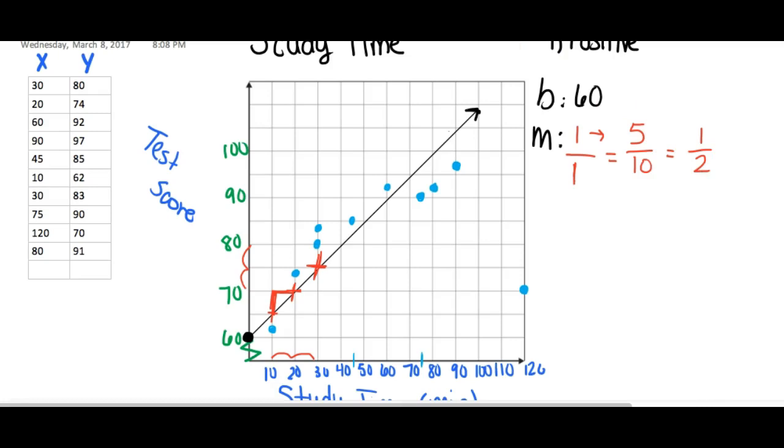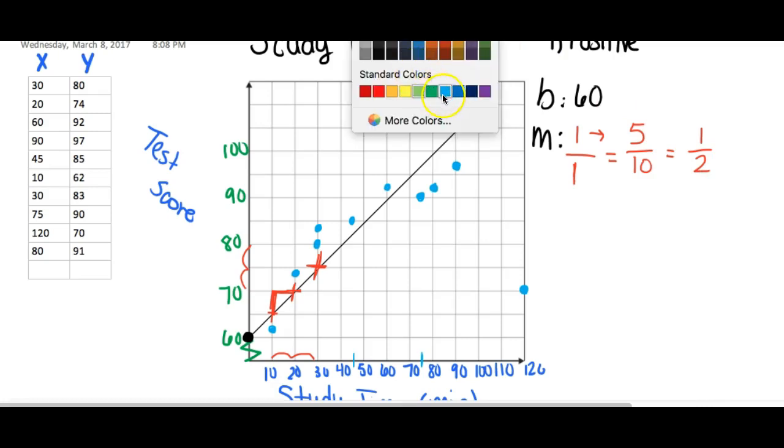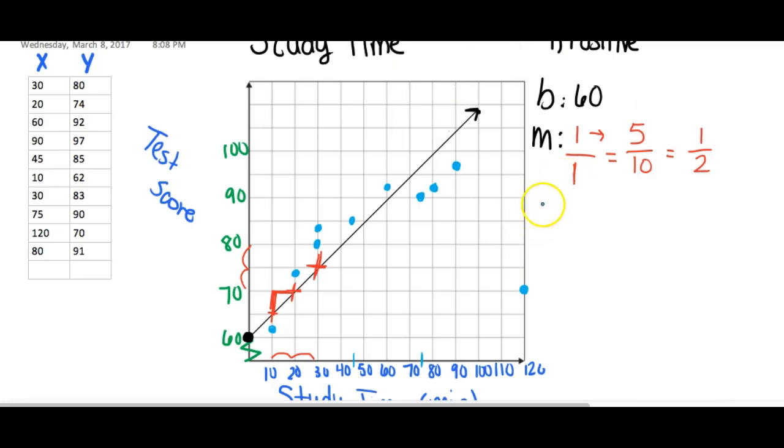Now, if you recall from previous lessons, how do we write our equation? y equals mx plus b. You guys remember that? We have everything. All we have to do is plug in for our m value and plug in for the b value. So y equals 1/2 x plus 60.